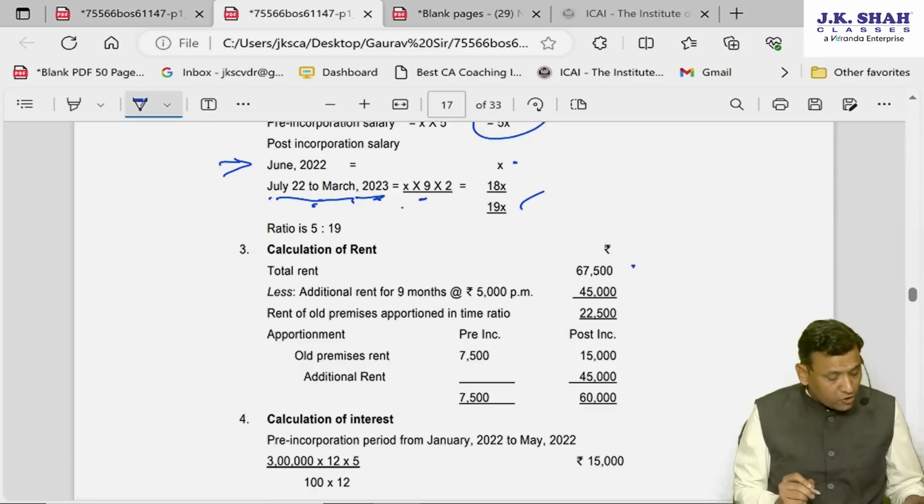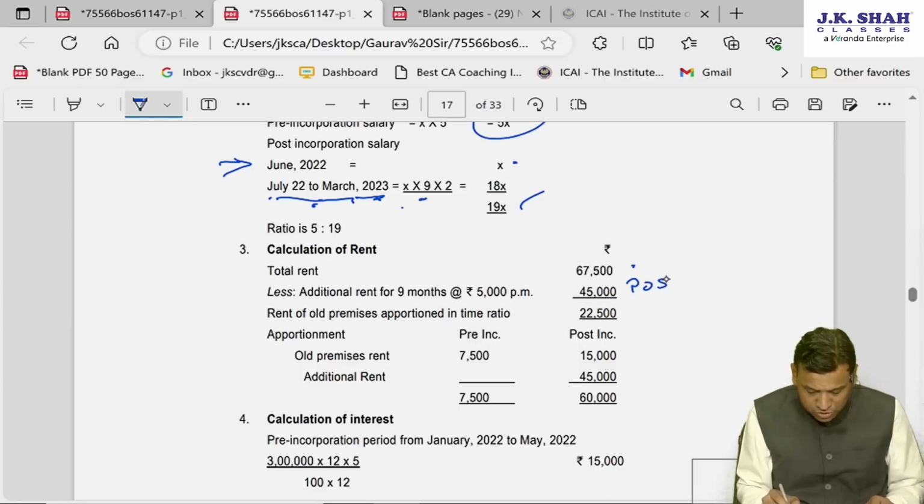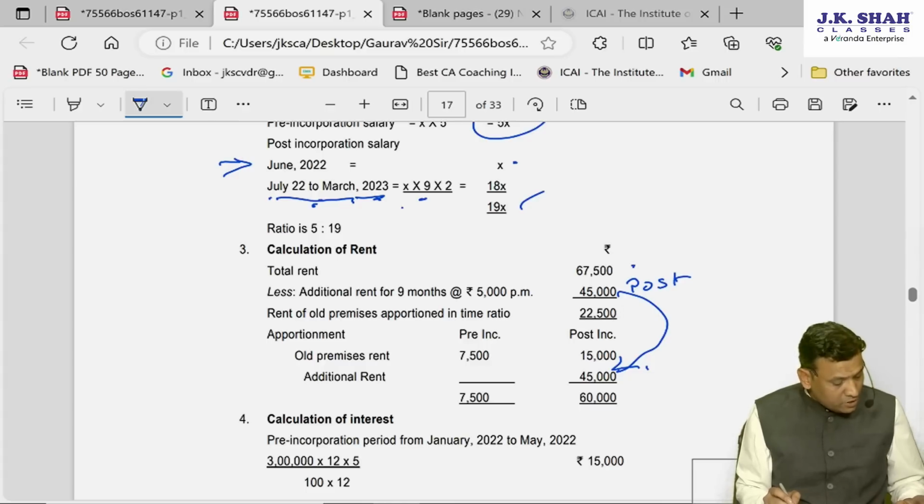So that is 5,000 for 9 months from July till March. I removed it because it is exclusively post, so it will go in post only. And the old premises rent is 22,500. This 22,500 will be divided in which ratio, sir? That will be in the time ratio, 1:2. So 7,500 and 15,000. So this adjustment is also done.